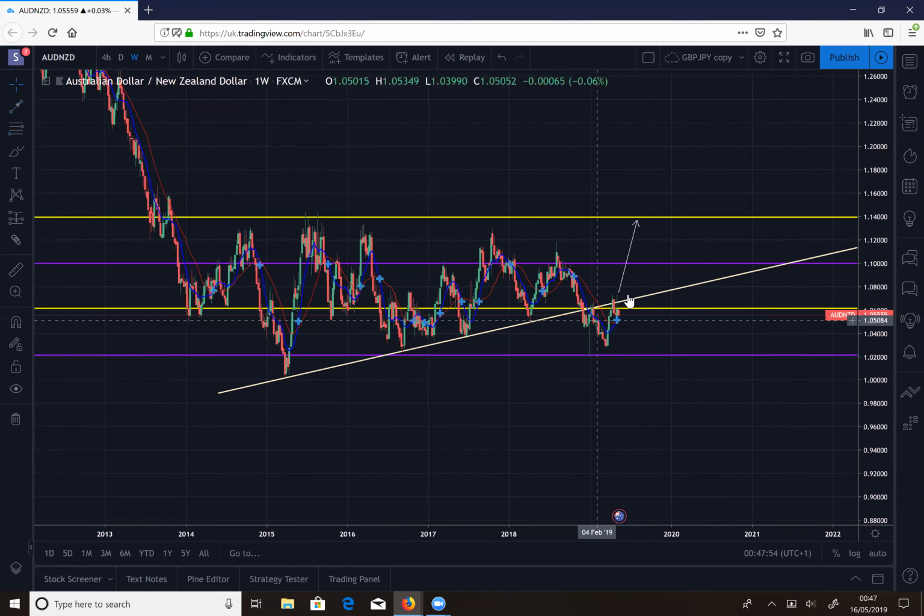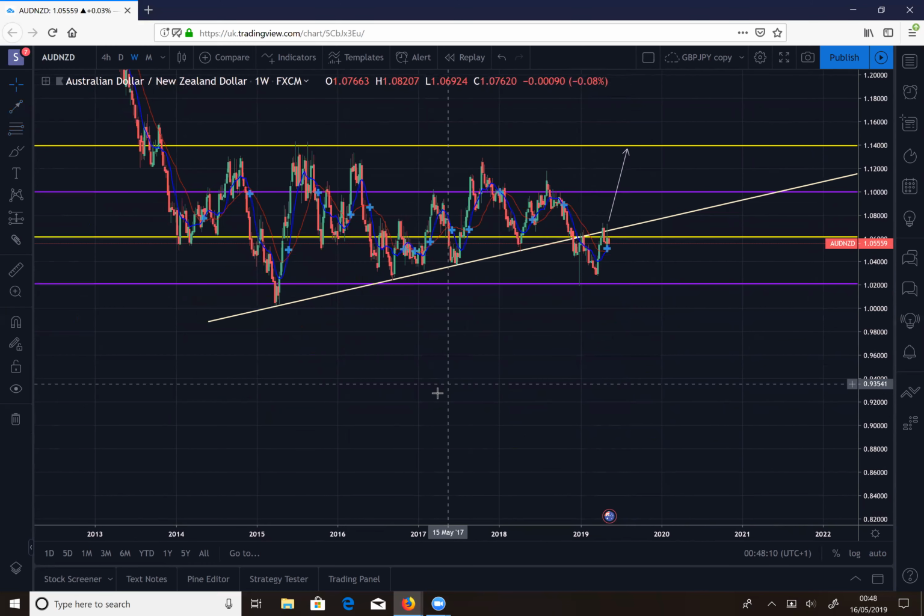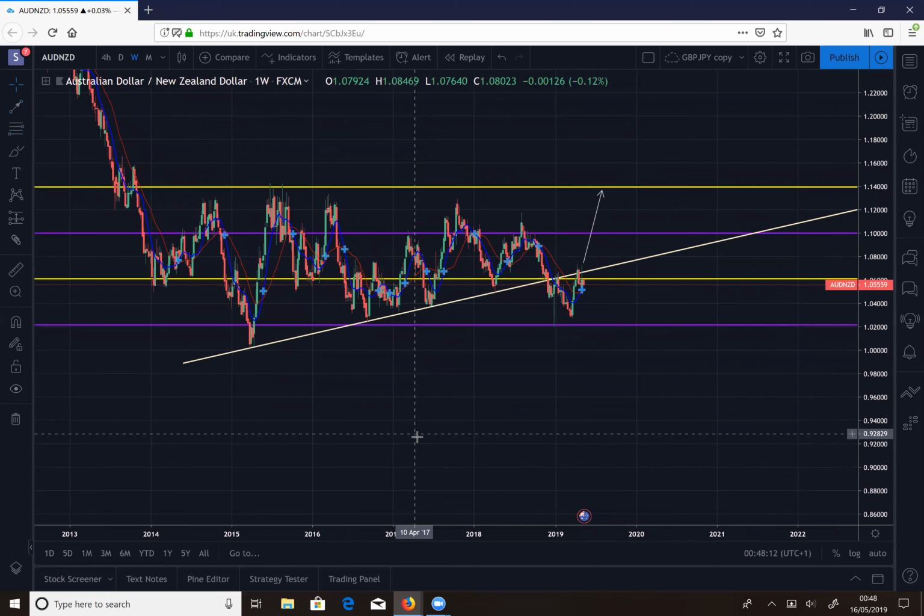But obviously we do have some key levels here, like we said previously on the monthly chart, suppressing this price, trying to hold price down. Okay, we do in fact have the MAs crossing upwards. So this MA here is showing us that the momentum is pushing up.